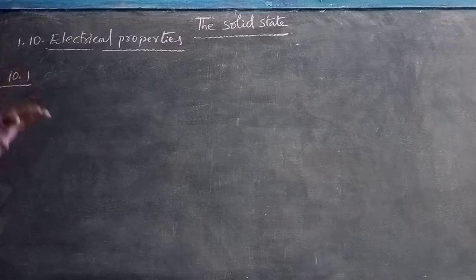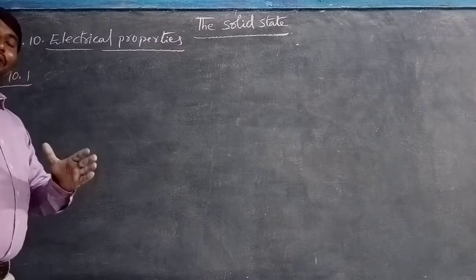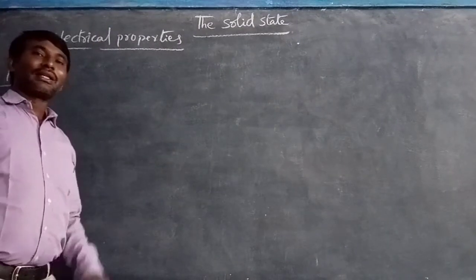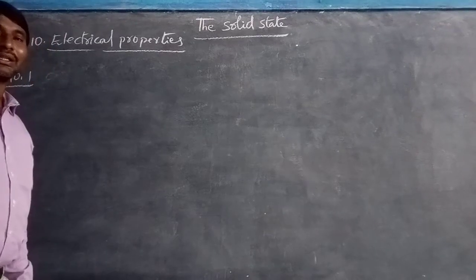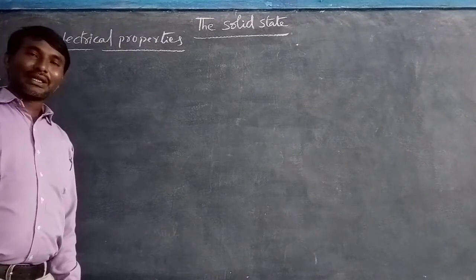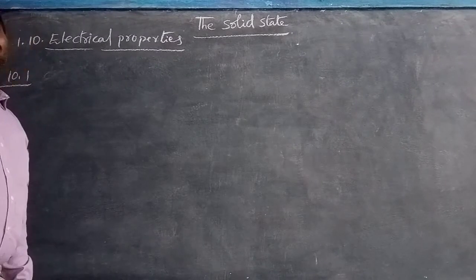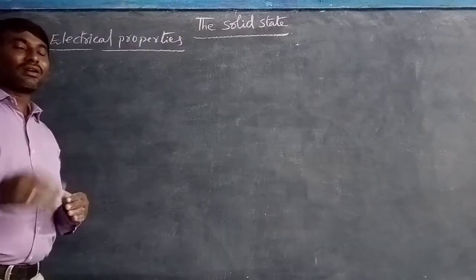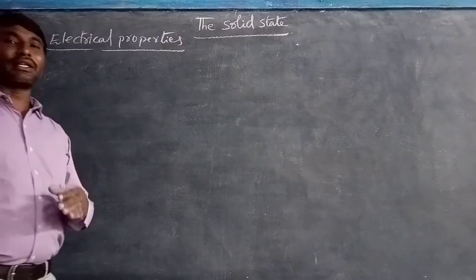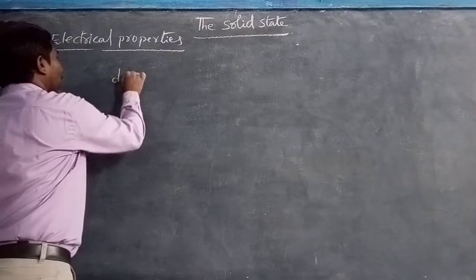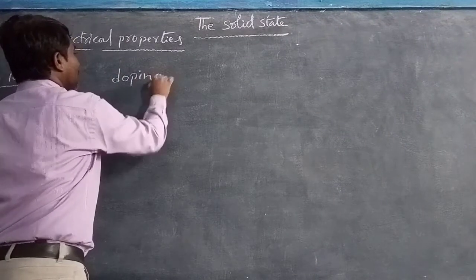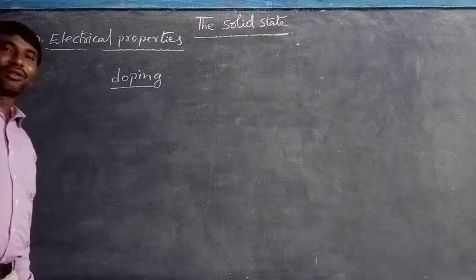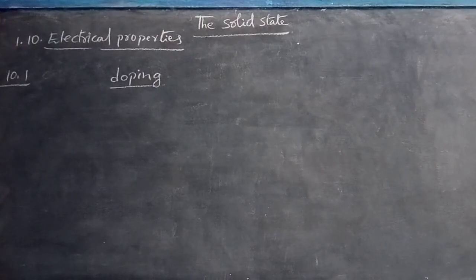Any foreign element added to the semiconductor can increase its conductivity. Adding the impurity is called doping. Doping means an impurity added to the semiconductor to increase the conductivity of the electricity.